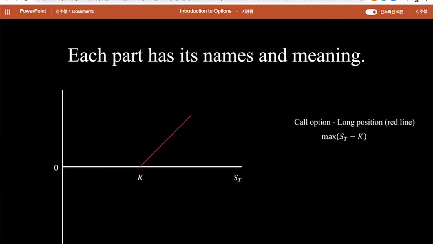Absolute value of ST minus K, okay, this part is good, but the negative parts will be reflected this way, so there might be a problem. So okay, there is a pen. That can be represented in this way, the absolute value of ST minus K.